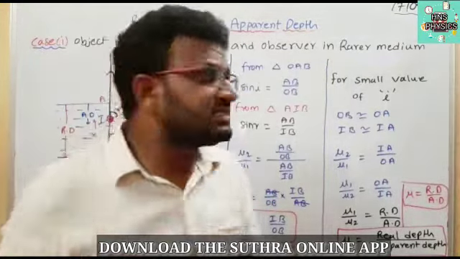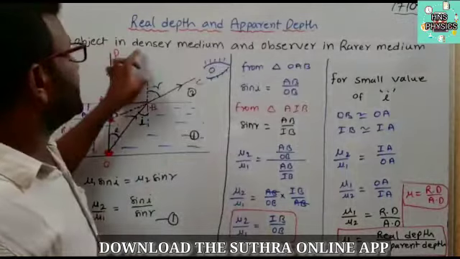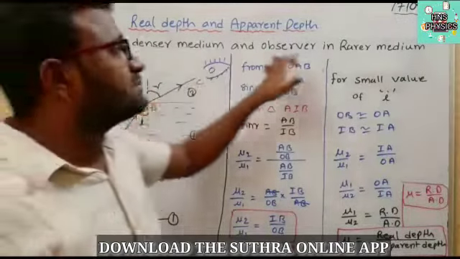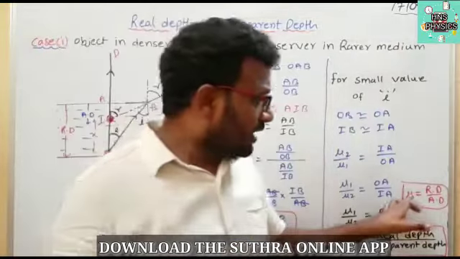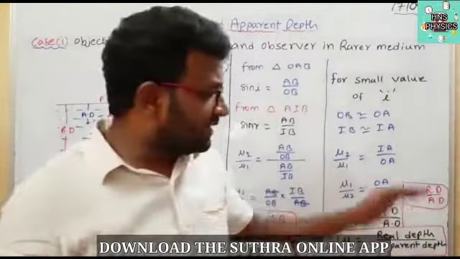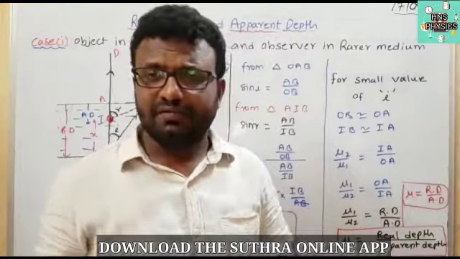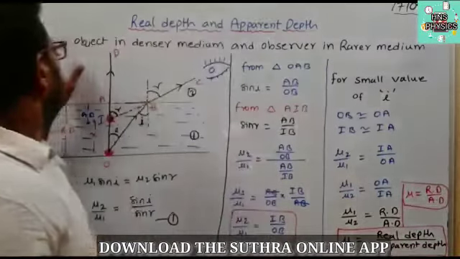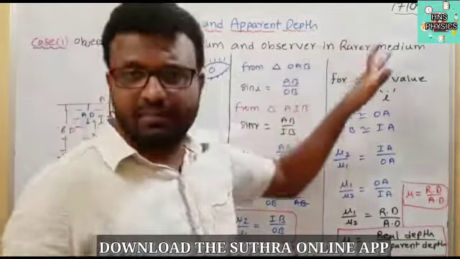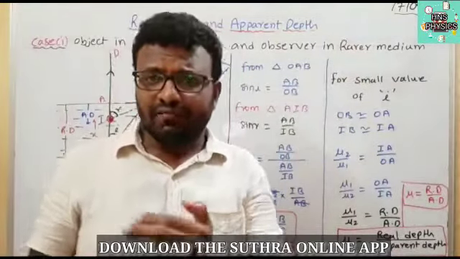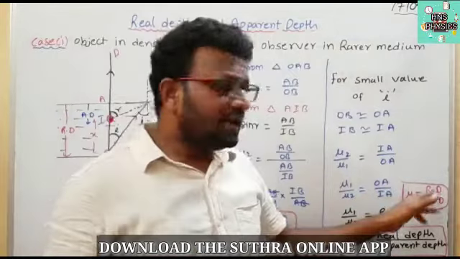In which case? When the object is in the denser medium and the observer is in the rarer medium. Once again, listen. Case 1: when the object is in the denser medium and the observer is in the rarer medium, in that case refractive index is equal to RD by AD.